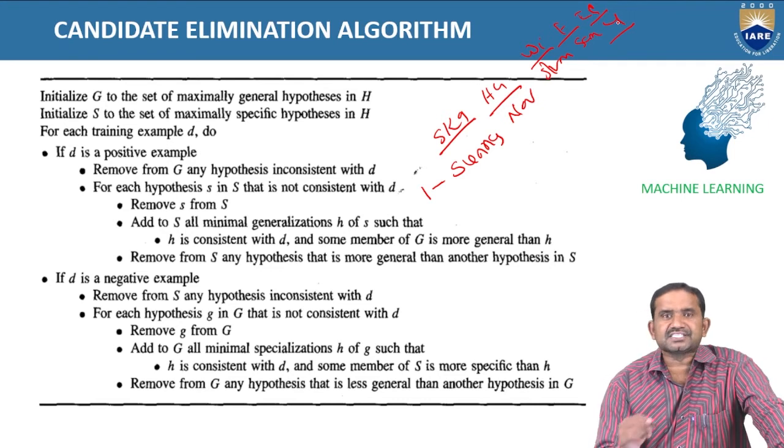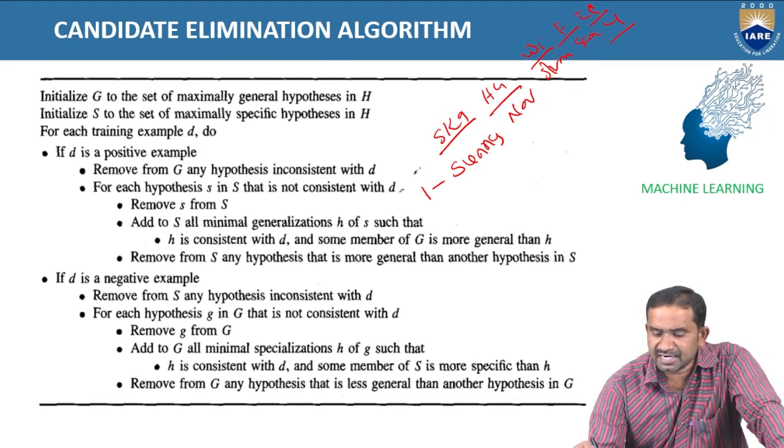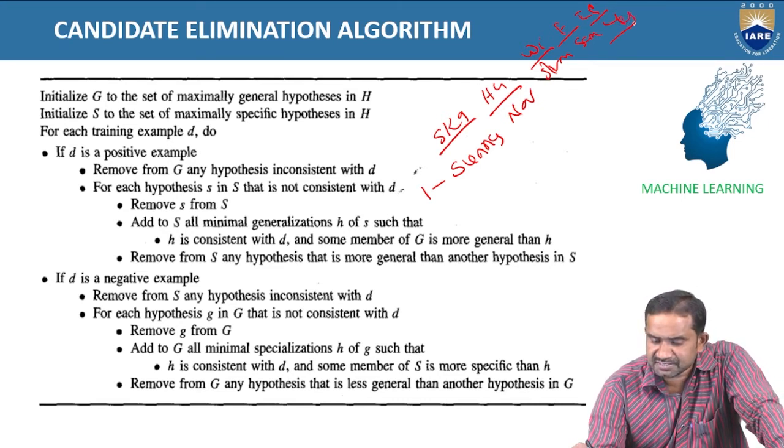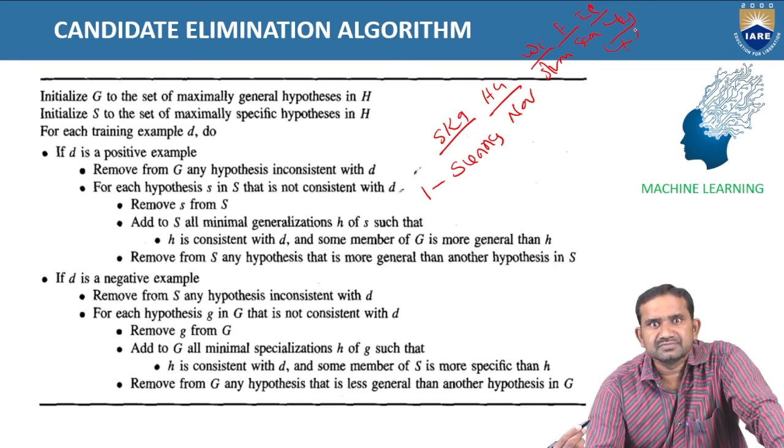So in the first training example the resultant value is positive, because it is yes. Automatically it is represented as a positive training example.